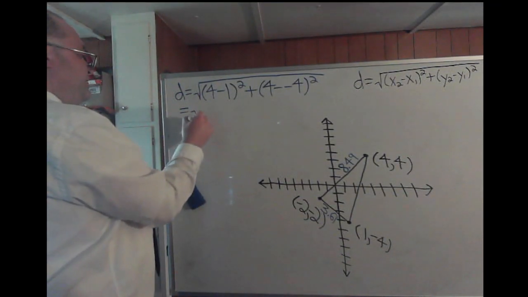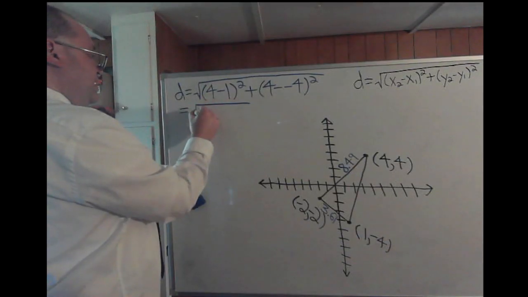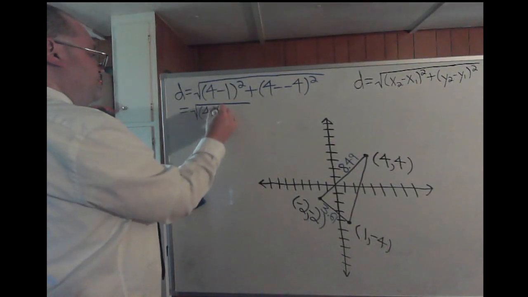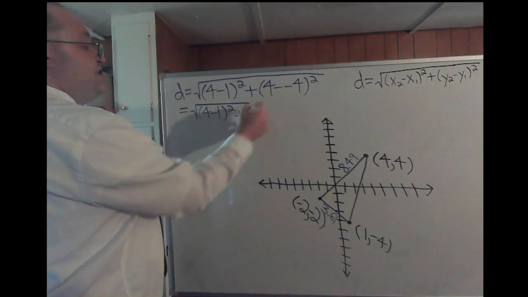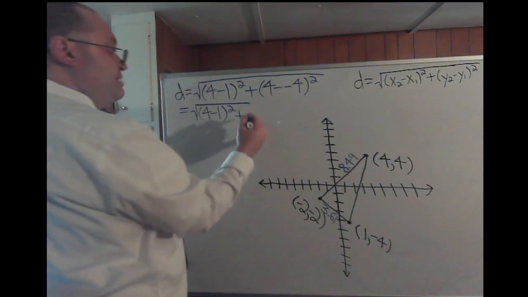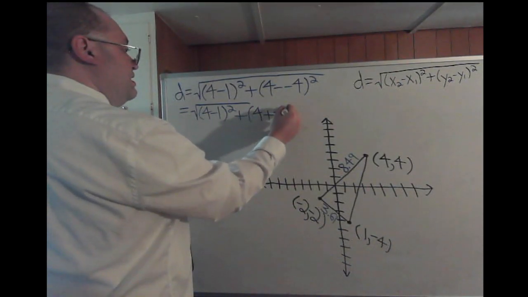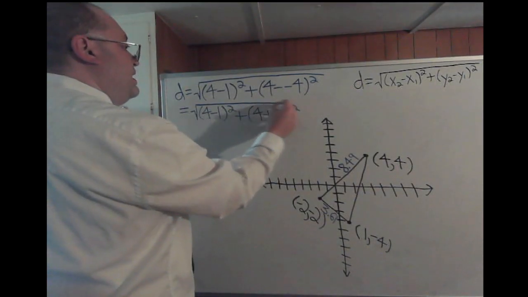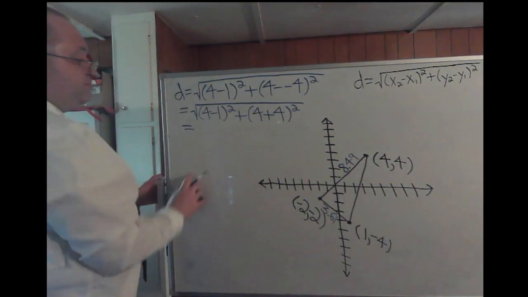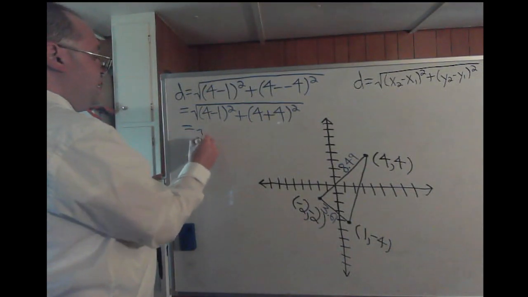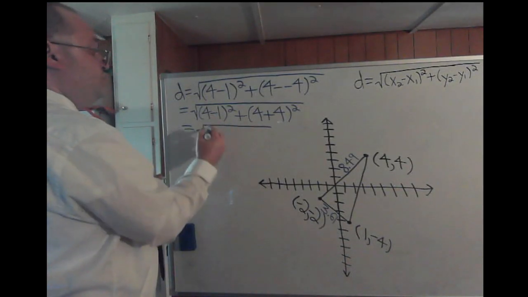Which now will simplify the parentheses. We still have 4 minus 1 squared, which is okay for now. But that 4 minus -4 inside that parentheses, that's the same as 4 plus 4 to the second power. Okay? Now let's deal with the parentheses. So underneath the parentheses, 4 minus 1, well, that's 3.